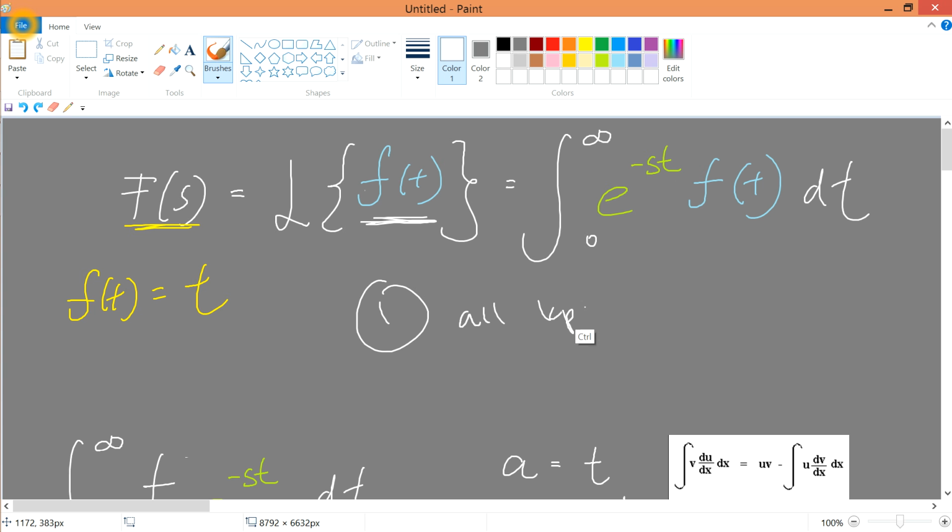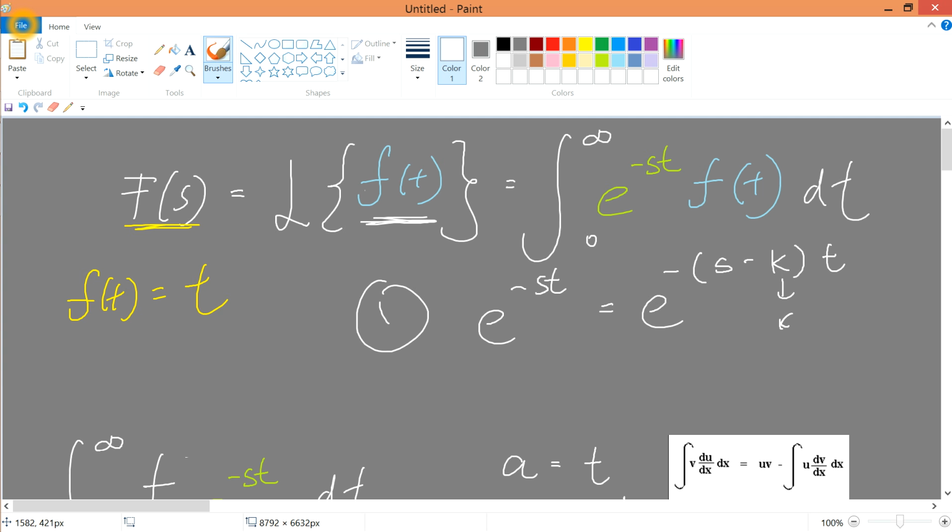And how does this link to the region of convergence? Sometimes you may not be given e to the minus st as easily. You may be given e to the minus (s plus or minus k)t, and in this case I just write minus kt.